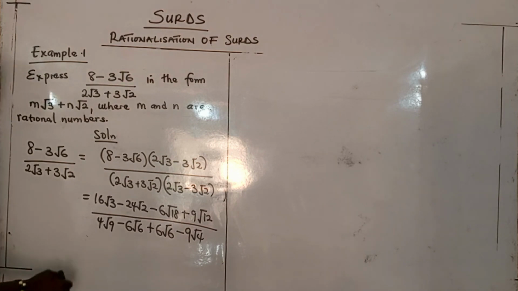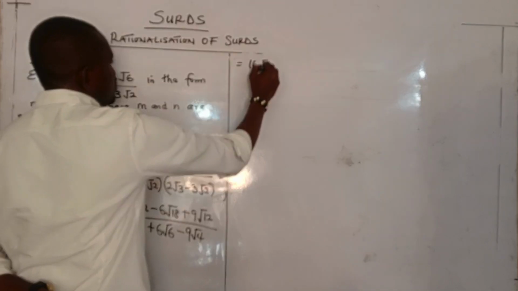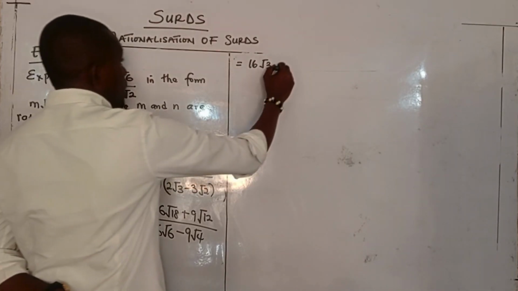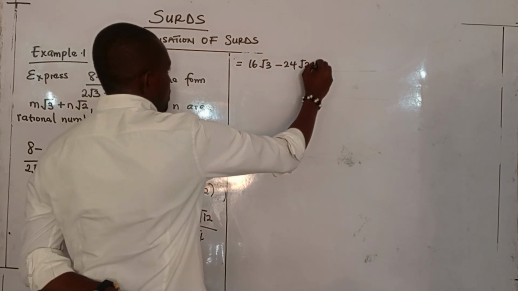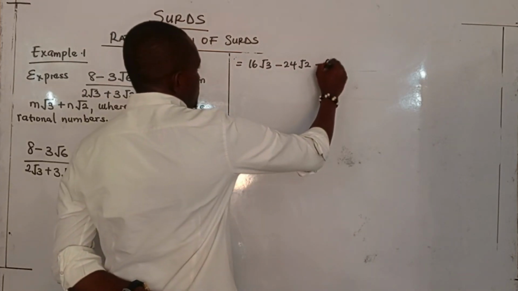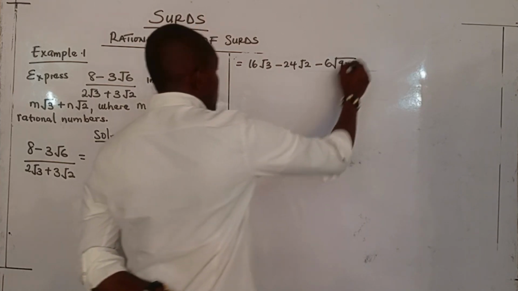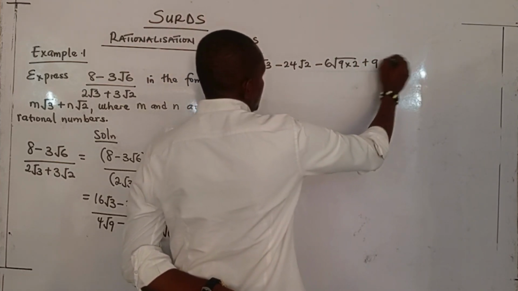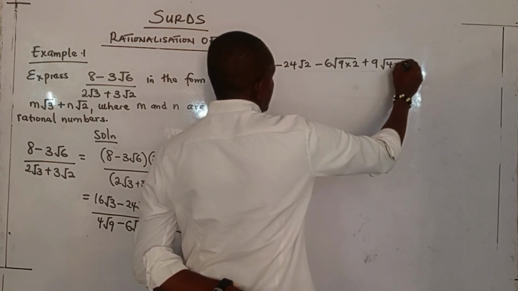If we proceed further, this will be equal to 16√3 minus 24√2. Then minus 18 can be simplified to 9 times 2, then plus 12 can be simplified to 4 times 3.